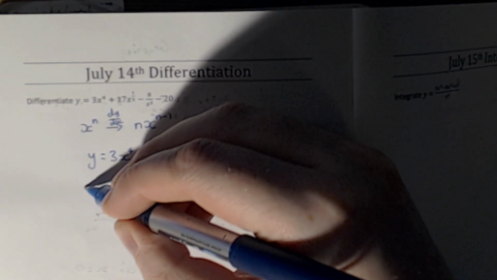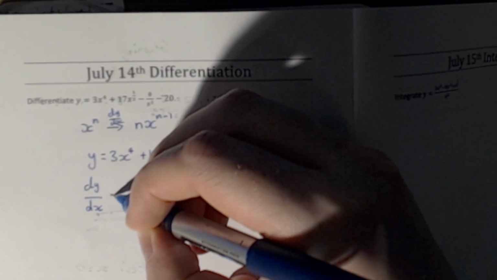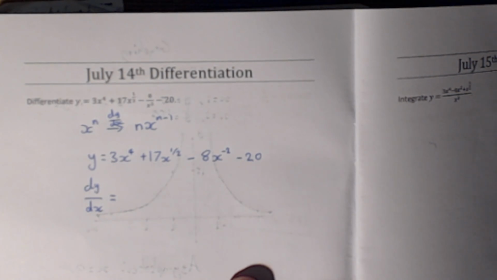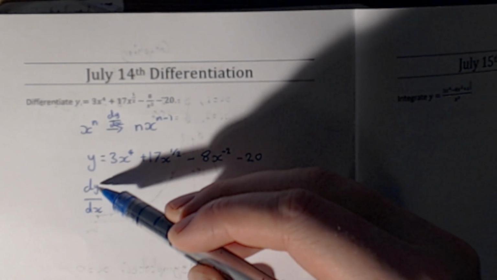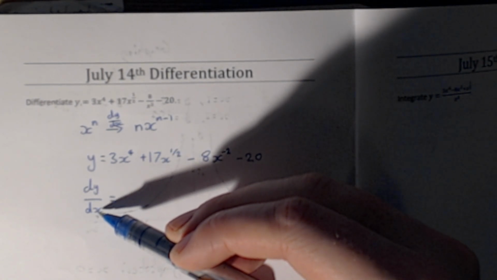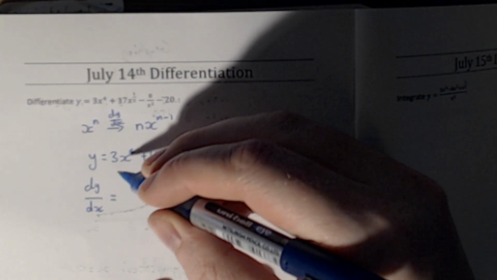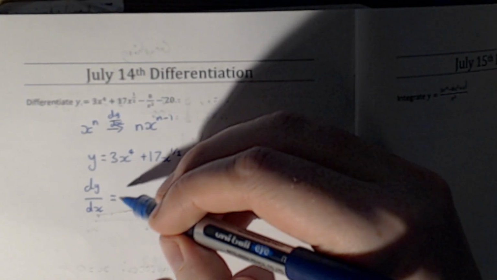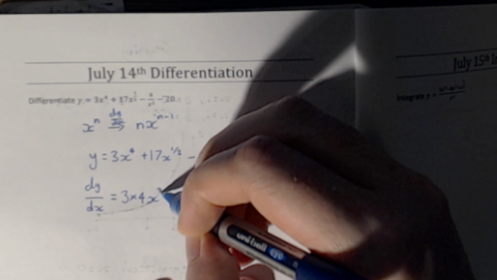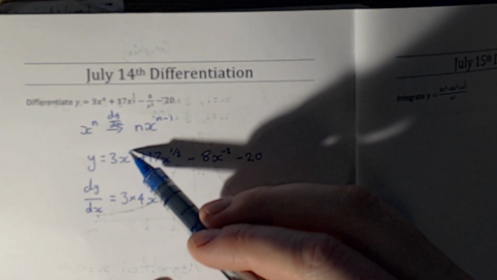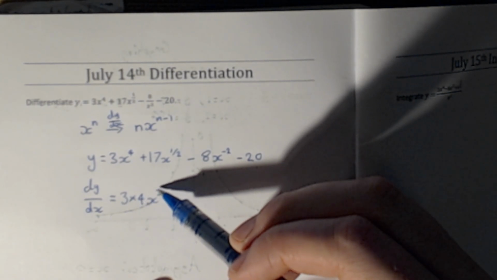Okay, so now if we do dy by dx, we're differentiating y with respect to x. 3x to the 4, that's going to be 3 multiplied by 4 times x to the power of 3. So we've taken that 4, brought it down to the front of the x, and reduced the power by 1.